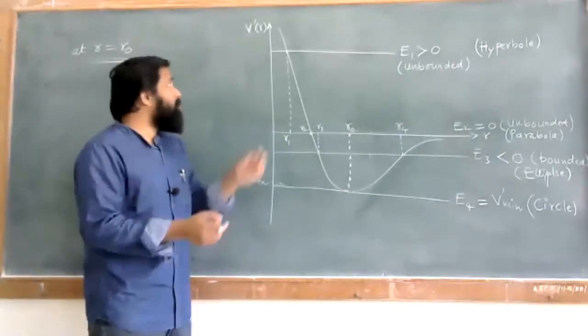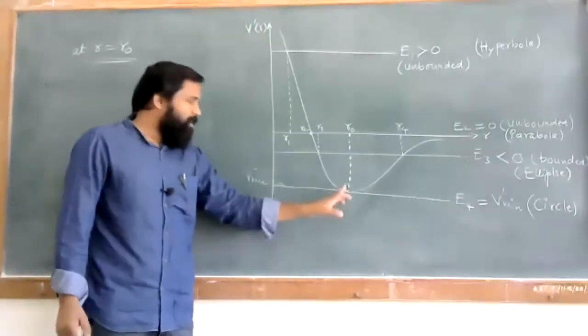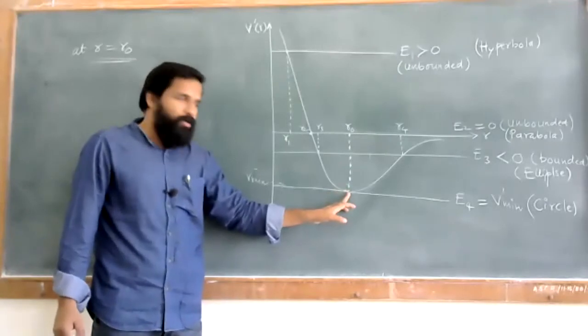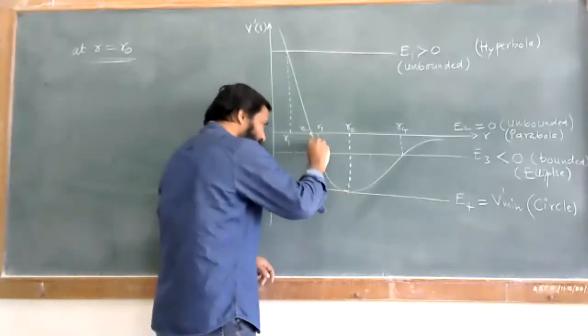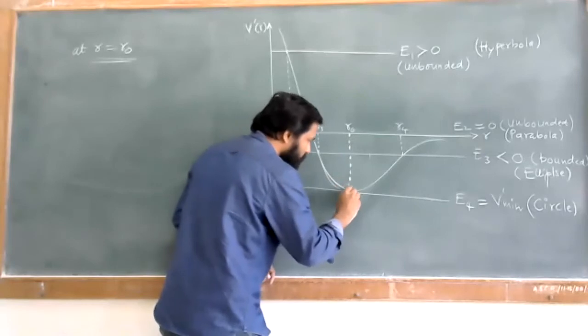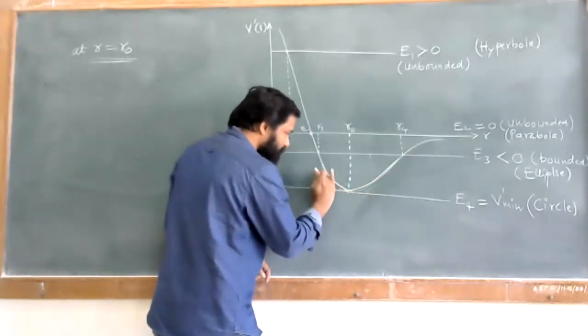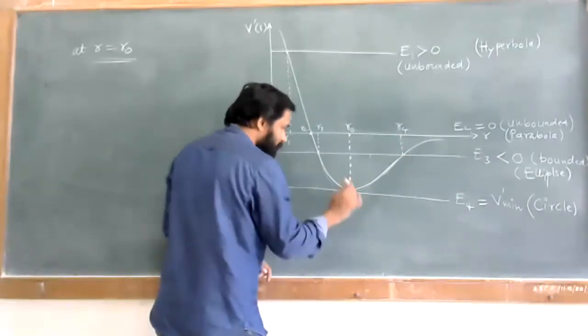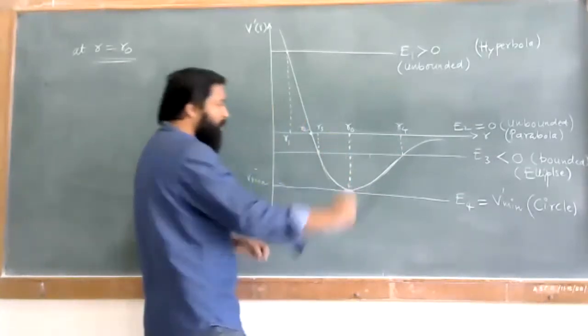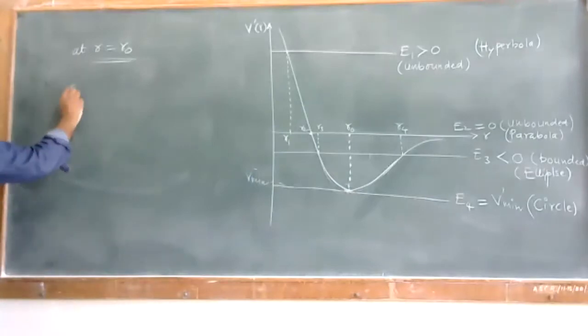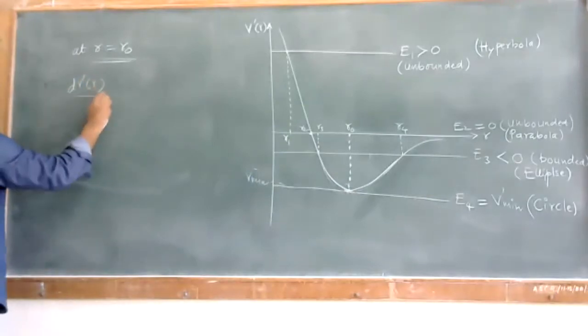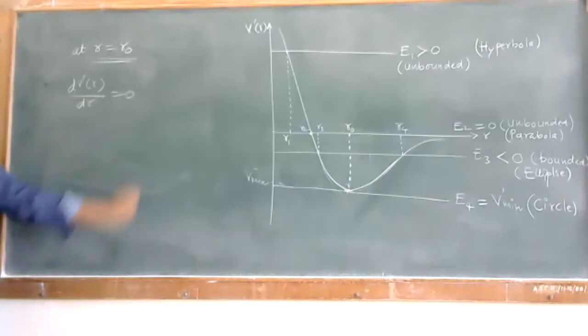Consider dV dash by dr at R is equal to R naught. Let's say there is just a point which is touching this curve. So this is a single point, R is equal to R naught. What should be your slope at that point? The slope at that point, that is dV dash by dr, is equal to 0.